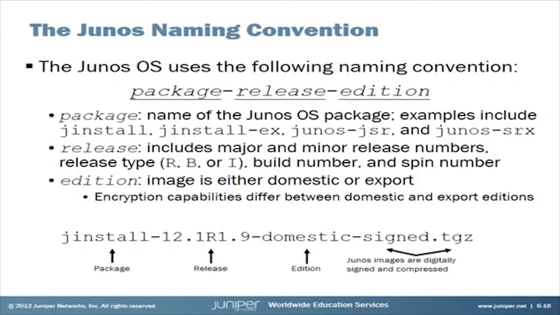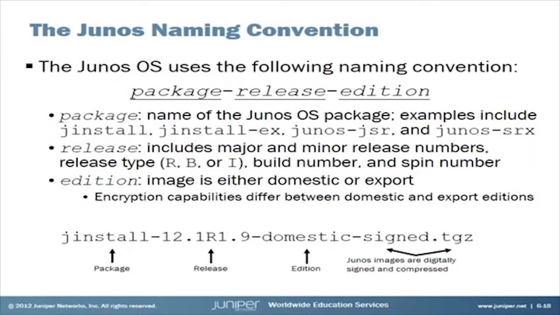Now, the thing about when you see domestic, that's kind of interesting, because what that means is there is encryption included in that version of the operating system. Where you don't have domestic, it means that there is no encryption. So what does that mean?